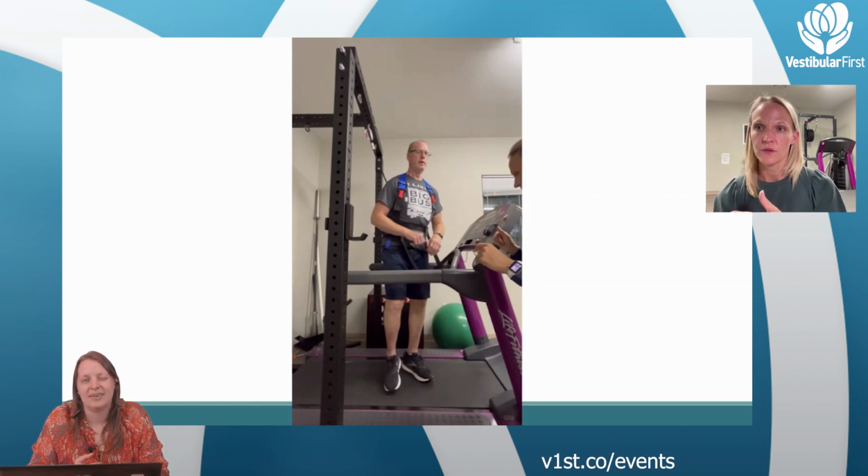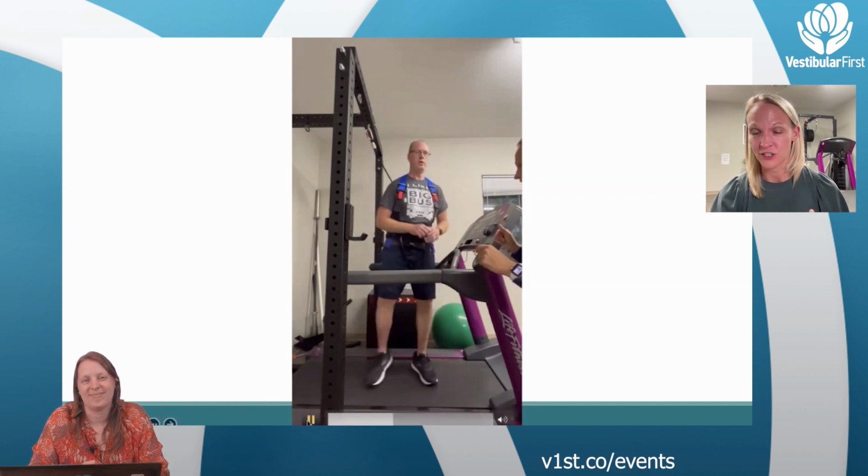And so far we talked a lot about visual tracking and gaze stability, but there's also a lot of intentional turning, bending, looking up. He's pretty high level, so finding a way to challenge him, I do turning on the treadmill. This isn't for everybody. You can do this over ground, right?